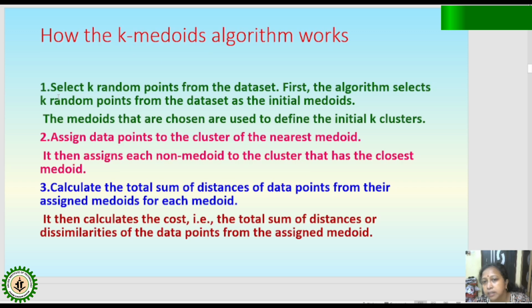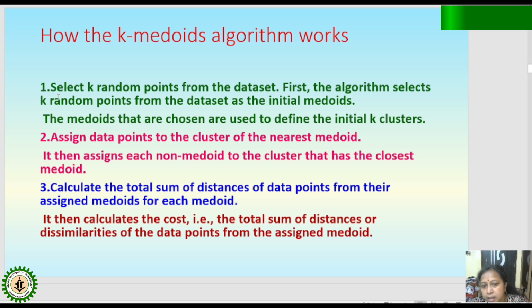Now, how does the K-medoids algorithm work? First step, select K random points from the dataset. The algorithm selects K random points from the dataset as the initial medoids. The chosen medoids are used to define the initial K clusters.